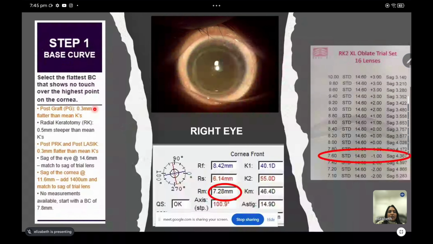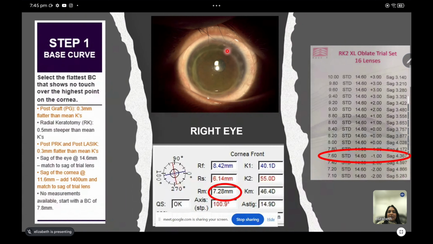Okay. So according to their fitting set, when we are selecting the base curve, we basically have to select the flattest base curve that gives us full clearance over the highest point in the cornea. Now, with corneas that have been grafted, that highest point is usually somewhere around the host graft junction.